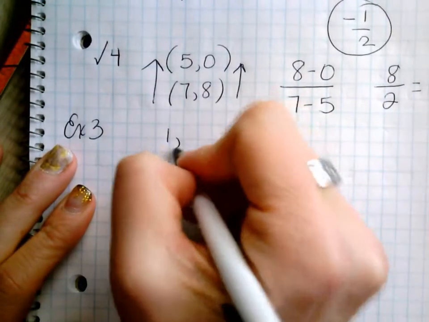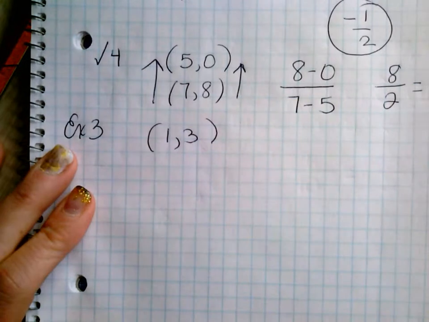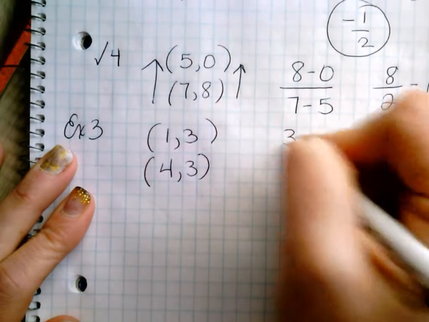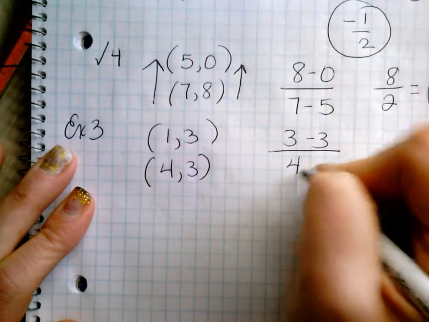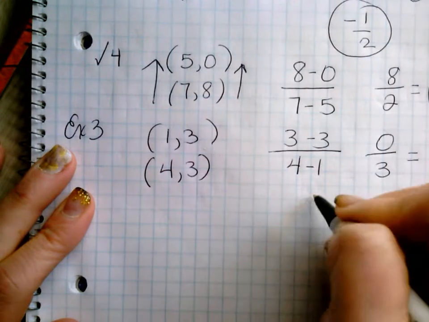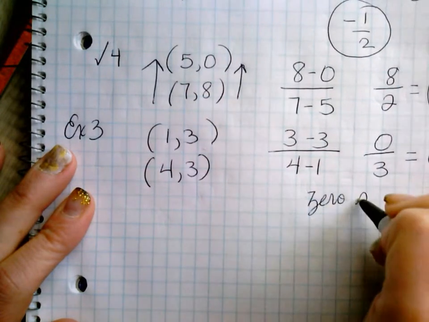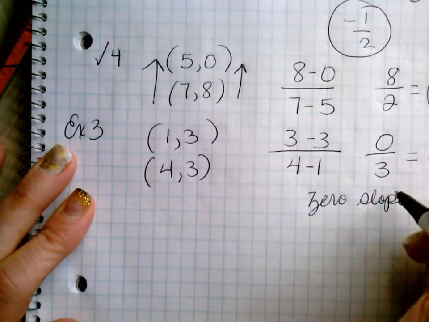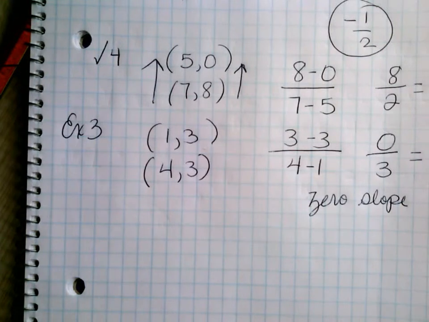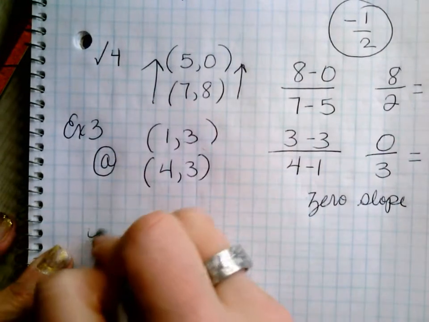The points are 1, 3, and 4, 3. Okay? 3 minus 3 over 4 minus 1 is 0 thirds, otherwise known as 0. 0 slope. Okay, when your numerator is 0, 0 divided into 3 groups, what do I have? 0.